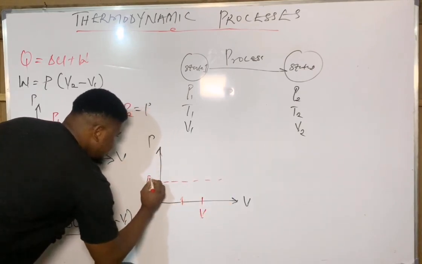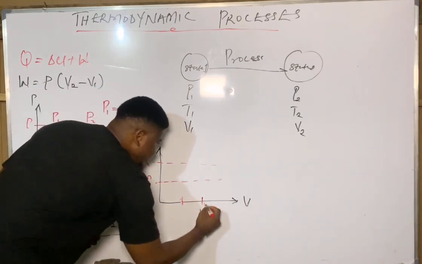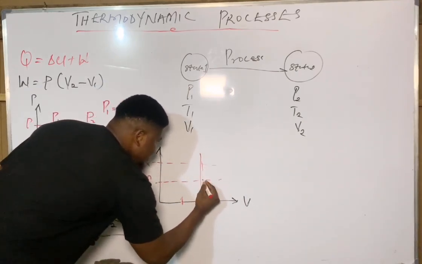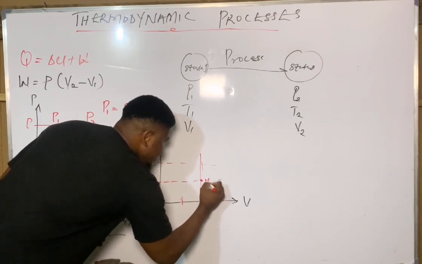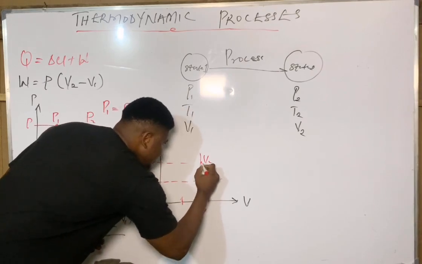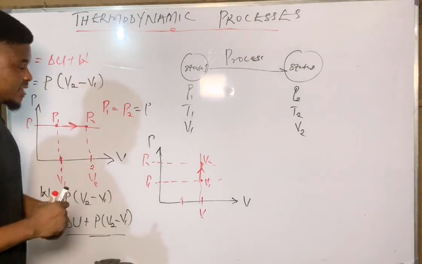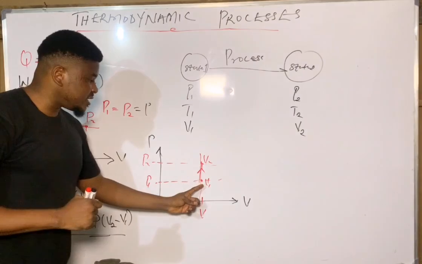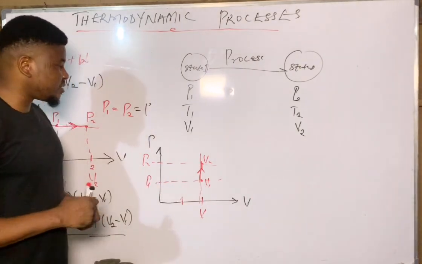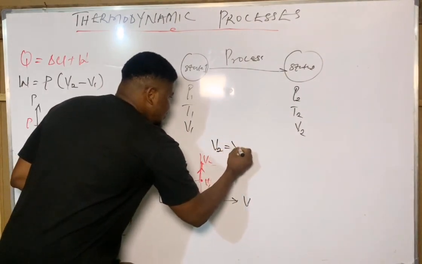This is P1, pressure can increase to P2, but the volume line cuts across like this. This is V1 and this is V2. So this process is called a constant volume process. This is what the PV diagram looks like. In this process, the initial volume is equal to the final volume, so V2 equals V1.